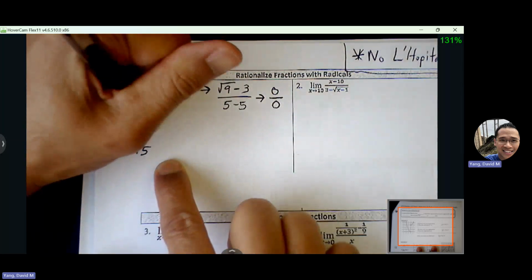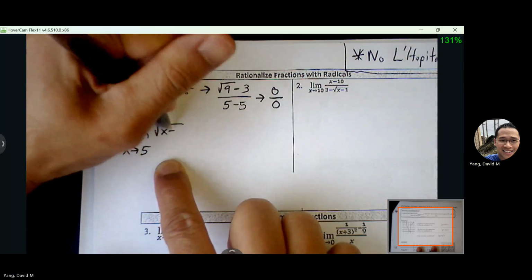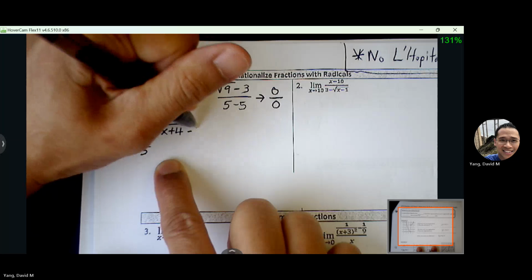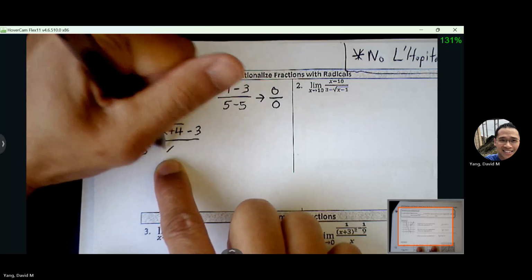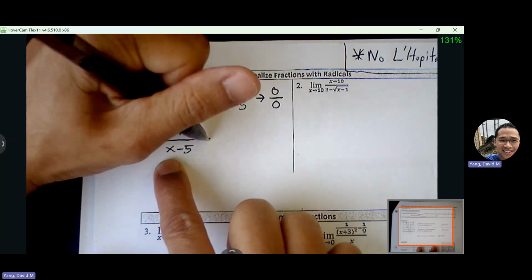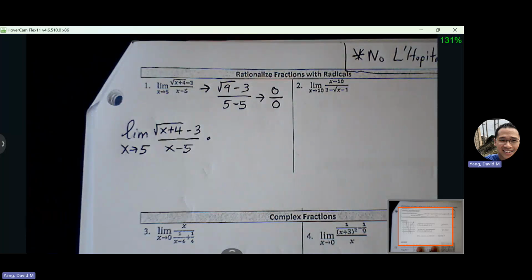Okay, so this is how we're going to do it. We're going to multiply the numerator and denominator by the conjugate of the numerator. For the conjugate, you copy the numerator exactly as is, but just change the sign between the two terms.